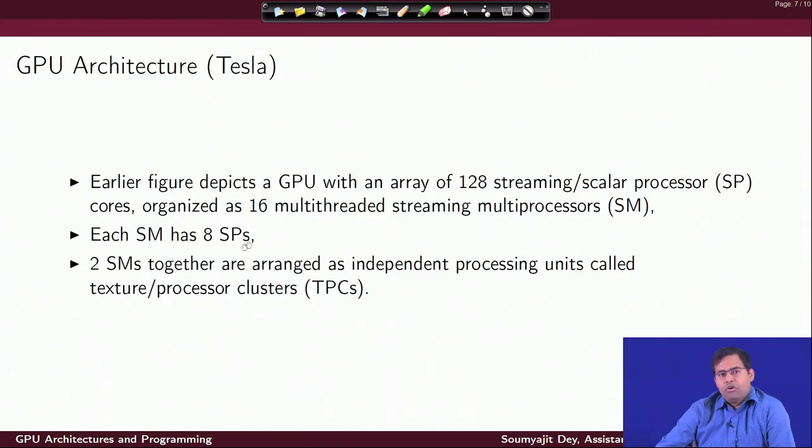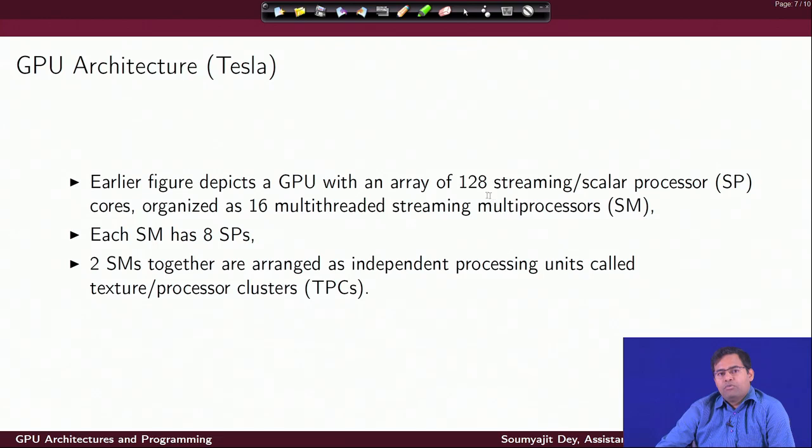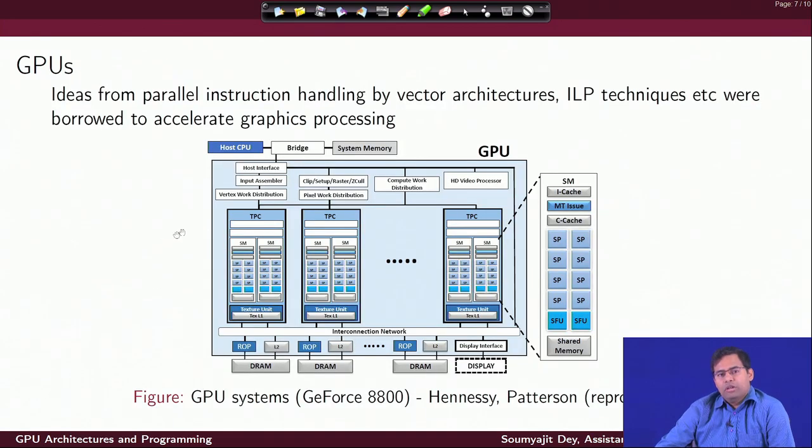Each of them contains 2 SMs, and inside I have got 16 SMs. Each of the SMs contains 8 SPs. So, in total I have got 128 SPs. The arrangement is each SM contains 8 SPs, and 2 SMs together constitute 1 TPC.